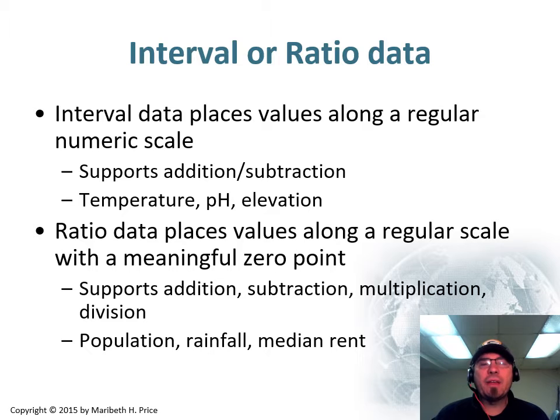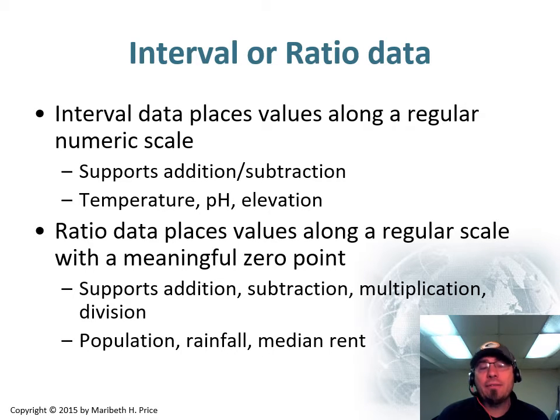The last two types of data that we're going to look at are interval and ratio, and those are the numeric data that you're going to deal with most often than not in GIS. So interval data places values along a regular numeric scale, and it allows for addition and subtraction, such as temperature, pH, and elevation. Now, what makes that important is the fact that those values can be negative.